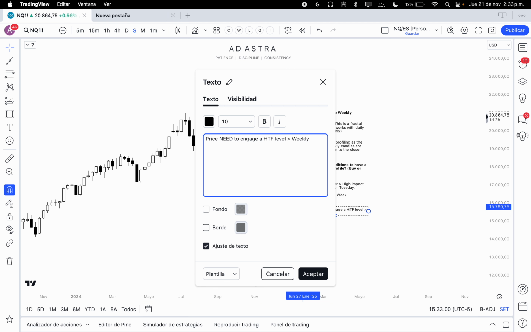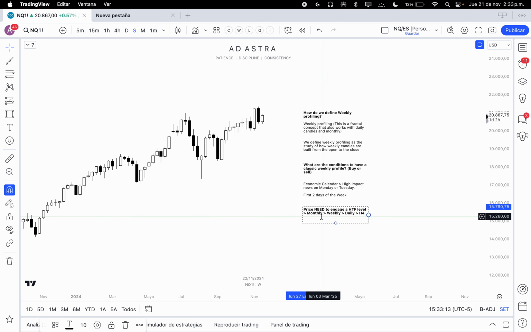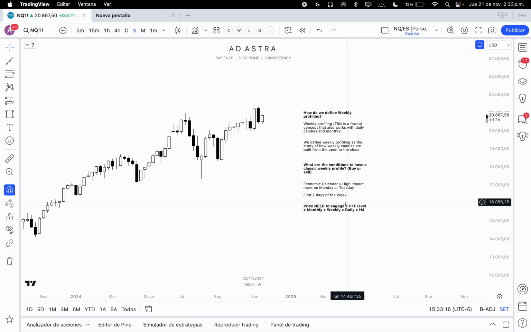So this can be a weekly level, a daily level, actually monthly level, weekly level, or H4. These are your higher time frame levels, right? Price needs to engage a higher time frame, either monthly, weekly, daily, or H4 level, right?